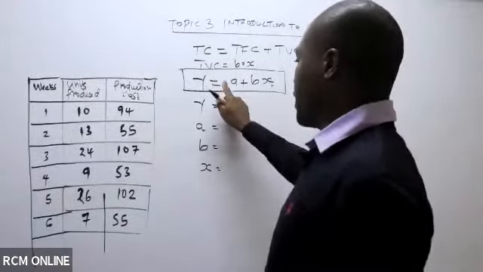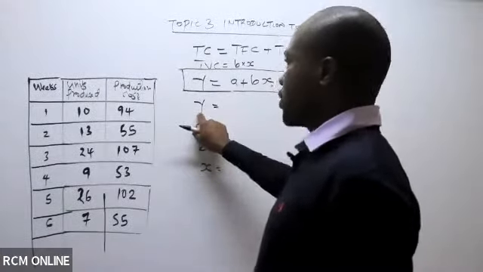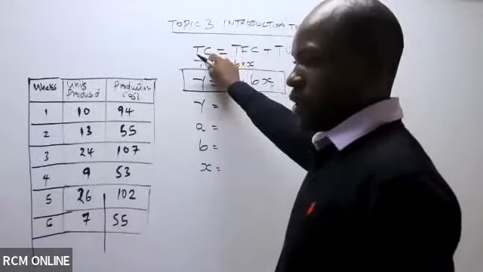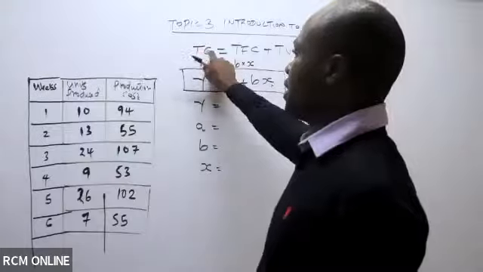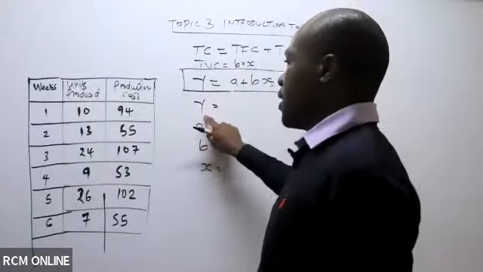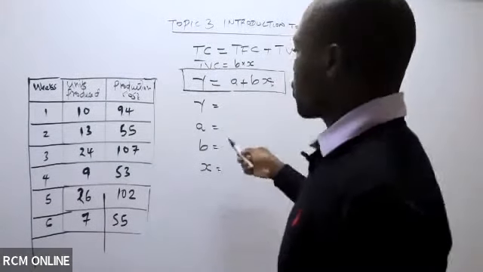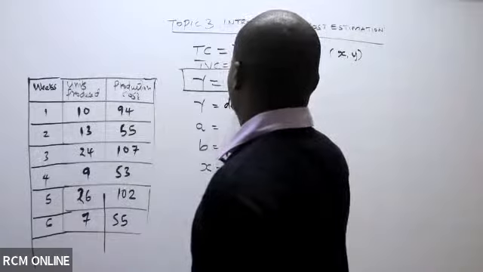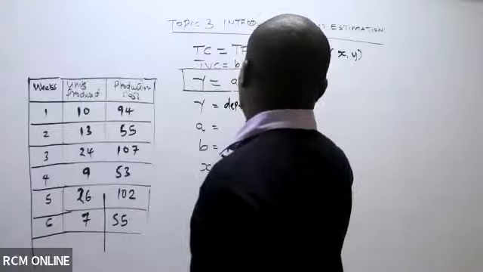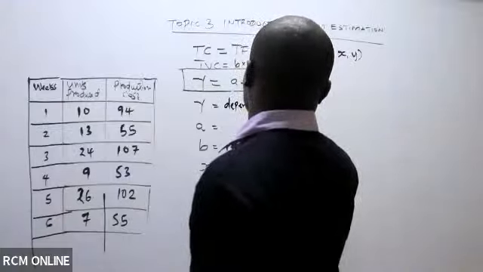Good. Now, having done that, when you look at this particular function, we've talked about total cost. Our total cost, or TC, is replaced by letter Y. So what do we call this? This is called the dependent variable.